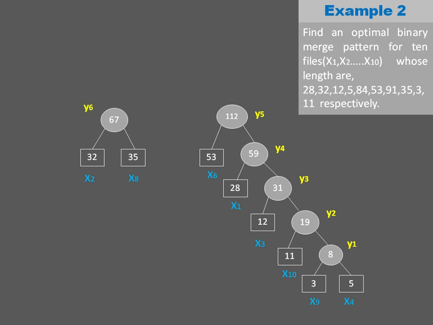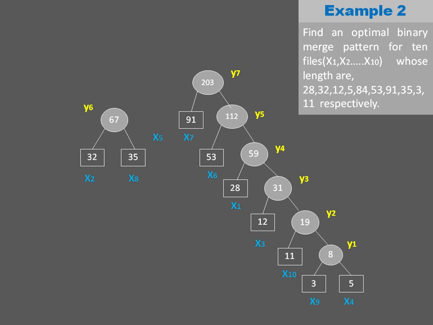We name this file y6. Now this y5 is merged with x7. x7 contains 91 records. So when we merge y5 with x7, its total records will be 203. Then we name it y7.